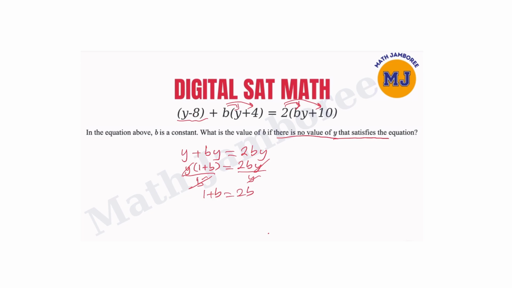So I will just take away 1b. Then 1 is equal to 2b minus 1b, which is b. So the value of b will be 1 to satisfy this equation. Our final answer is b is equal to 1.